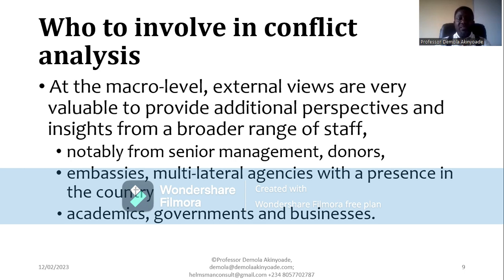We involve academics. Why academics? Because many times they possess subject matter expertise. Some of them are researching or have researched or made comments. They have knowledge about the conflict you are working on or the area of the conflict. Also governments and businesses.